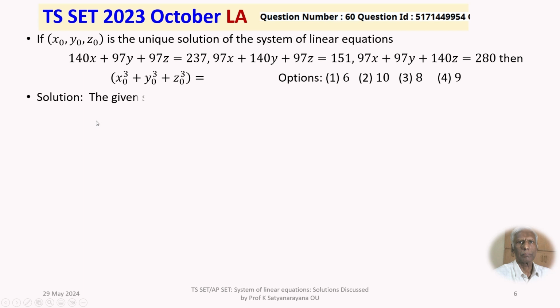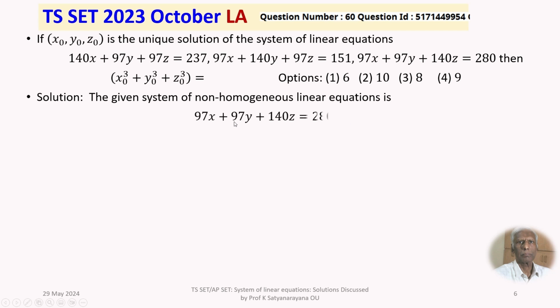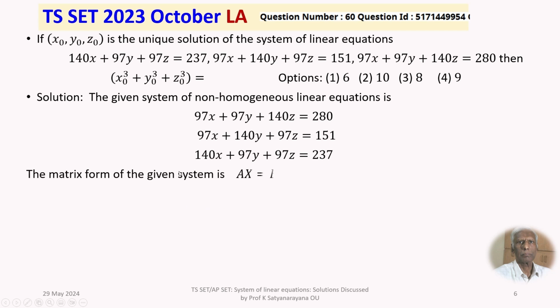Now, the given system of non-homogeneous linear equations is this: first equation, second equation, third equation, 3 equations in 3 unknowns, a non-homogeneous system. We will write down the matrix form of the above system, AX = B, where A is the coefficient matrix and [A|B] is the augmented matrix.